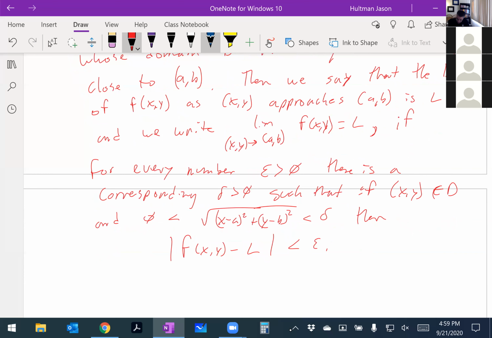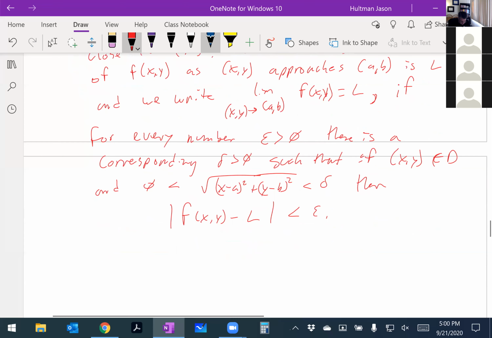And again, we're just saying, look, as we approach this point out in space on this function, on this f of x, y, and we haven't really talked about what f of x, y is at this point, but think of it kind of like this surface, and you have this point out in space, right?